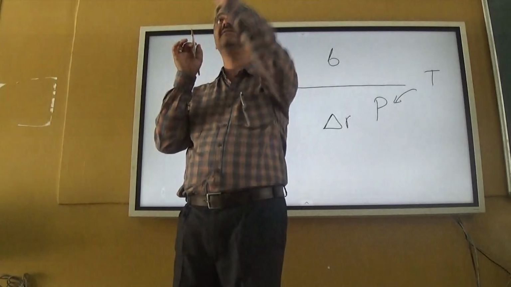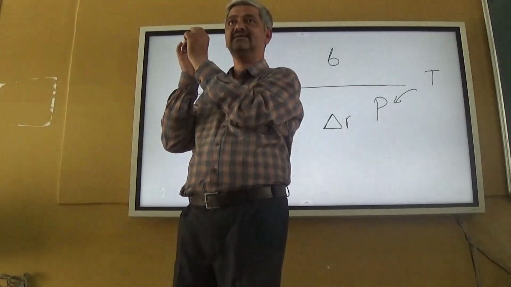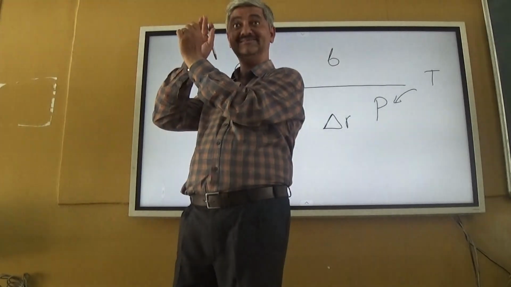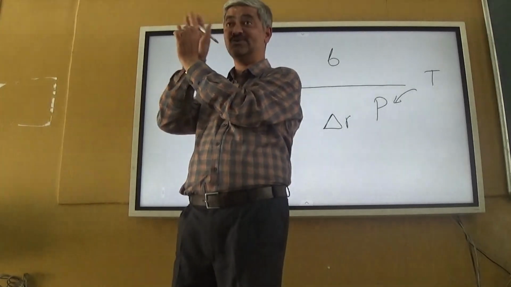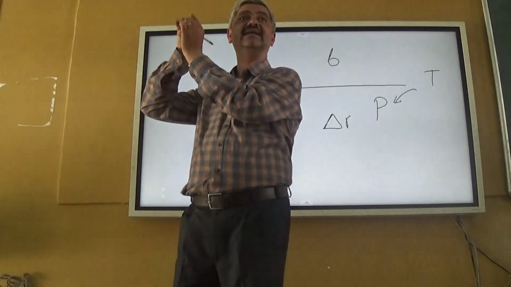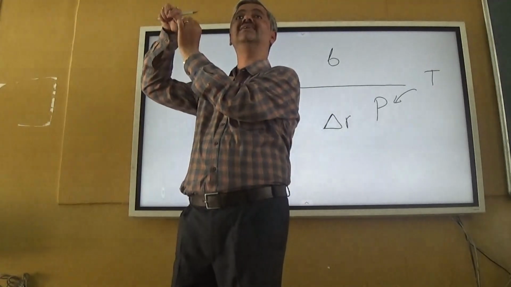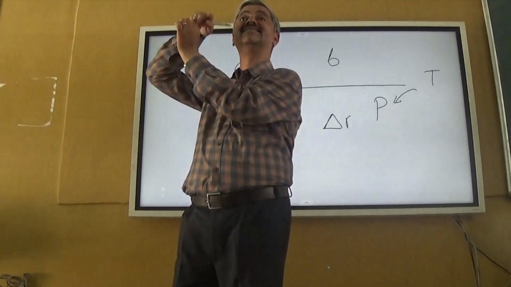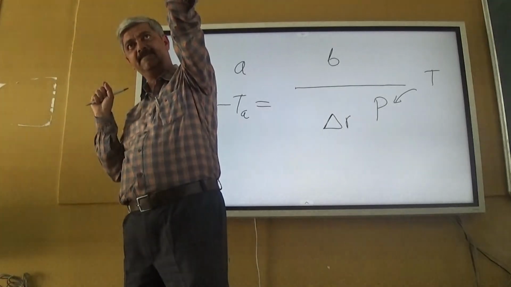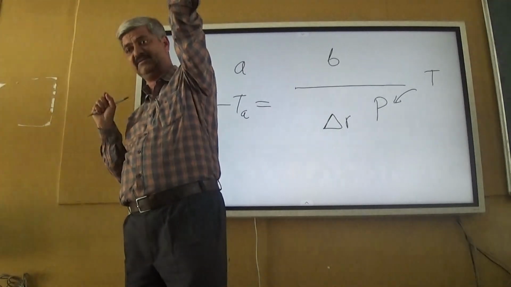When I am here, the lamp is in the middle. When I am moving by delta R, the question is not complete. Why? Because by delta R, I can move in any direction. Understood? The cube, the lamp is at the center. I am here.